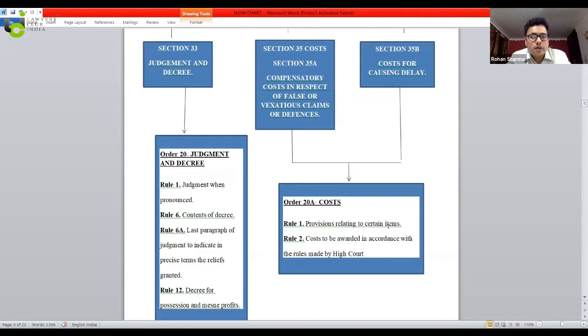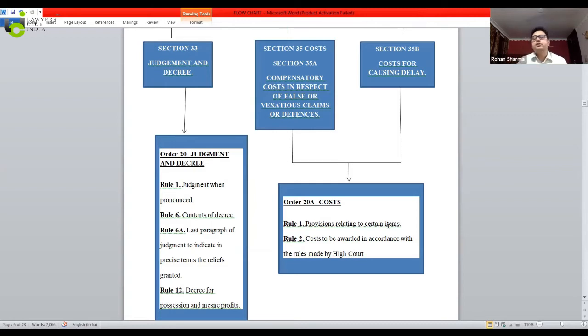Section 35 talks about the costs of a suit. These costs are basically the costs which are entailed by a party. Let's say when you have to draft your plaint, you have to spend money on photocopies, you have to file a process fee before the court, and you have to pay a specific fee for translation of documents, things like that.